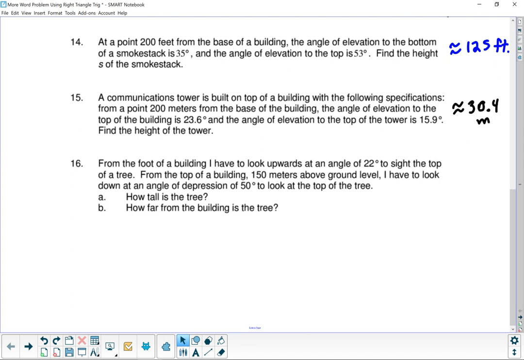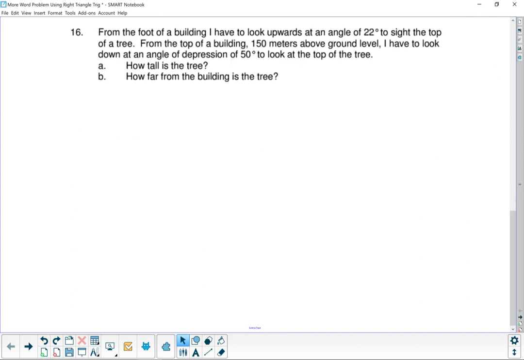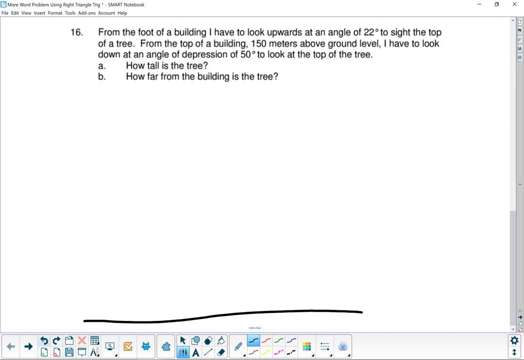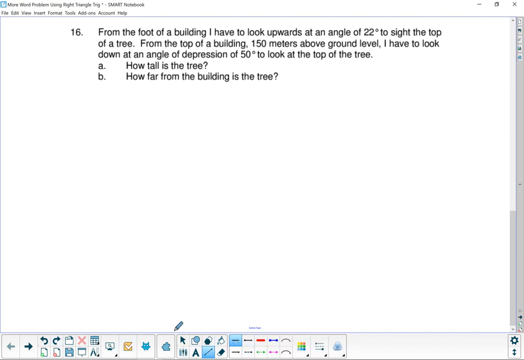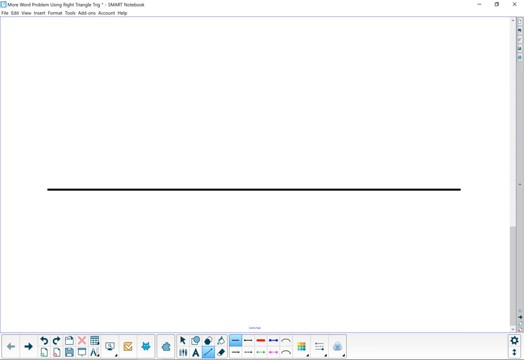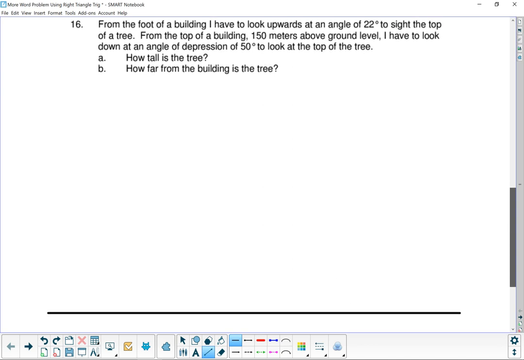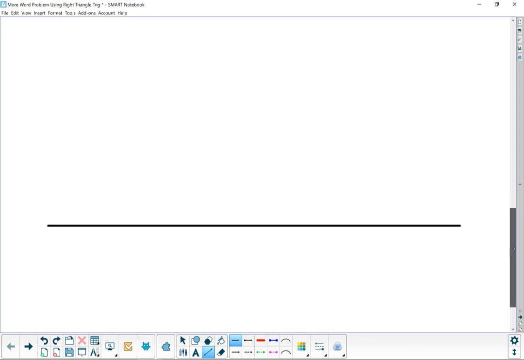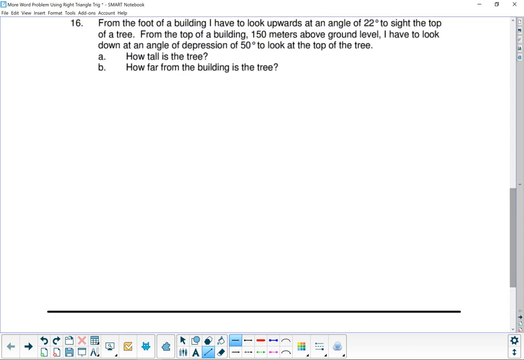Okay, last one. From the foot of the building, I have to look upwards at an angle of 22 degrees to sight the top of a tree. Here's the ground. Let's try to make it more level here. So here's a building.